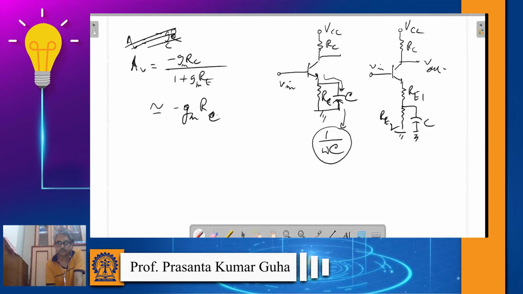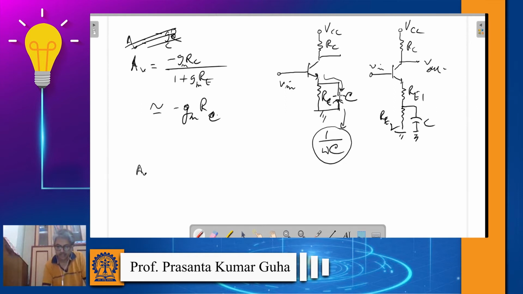Sir, if you are introducing a capacitor, then won't the expression for input resistance or input impedance change? Because we choose the capacitor value very large and such that this capacitor will act as a short. So this 1 by omega C will be very small and the AC will see it as a short circuit.